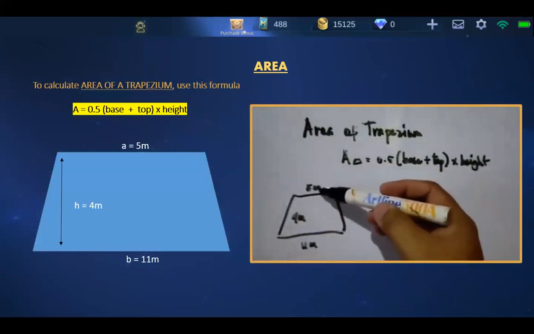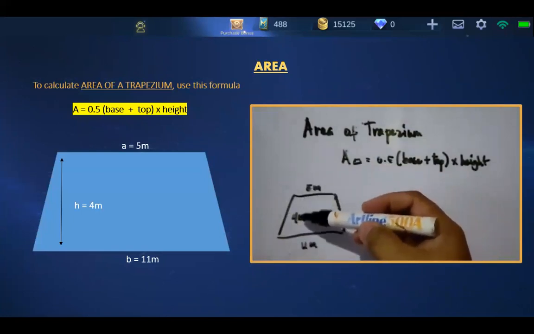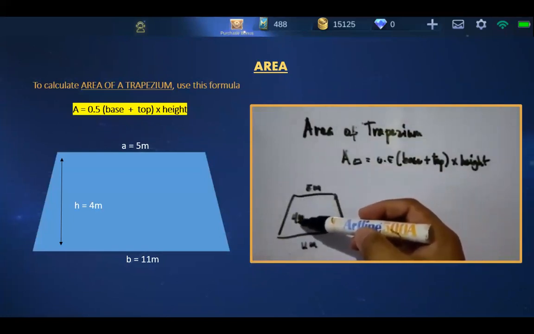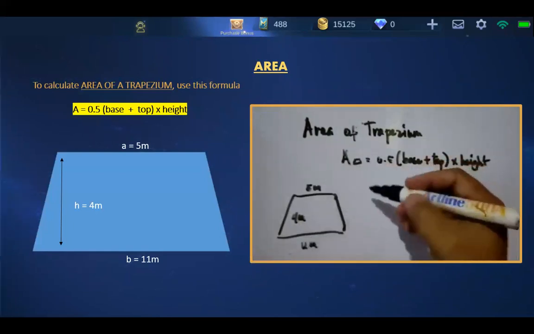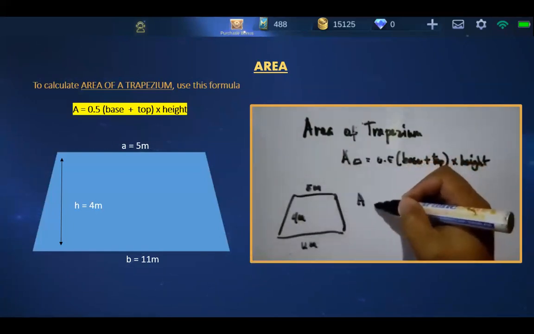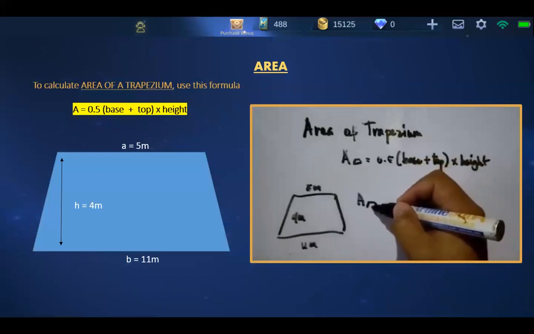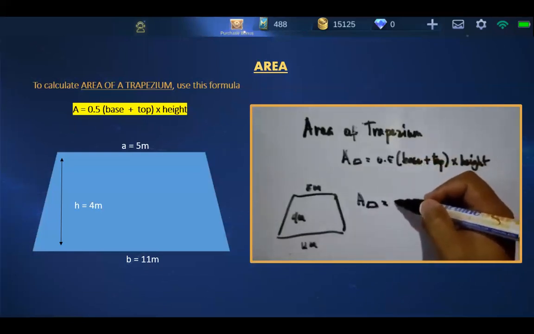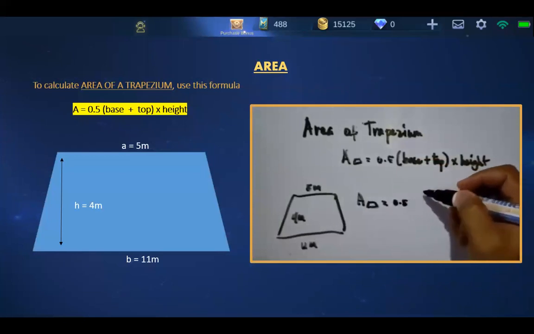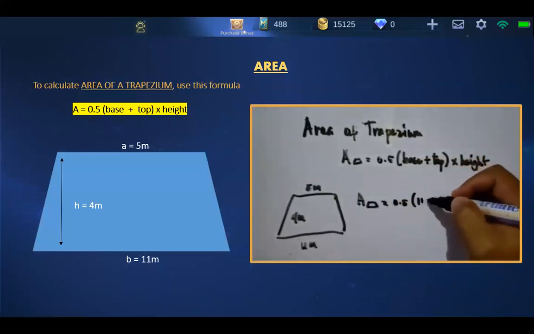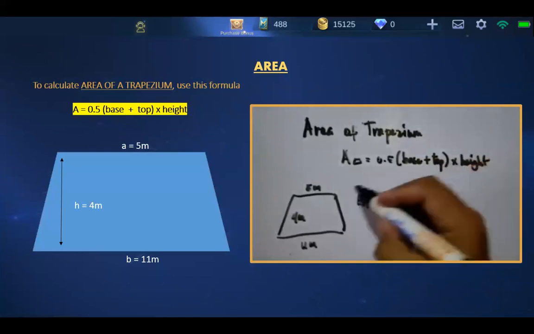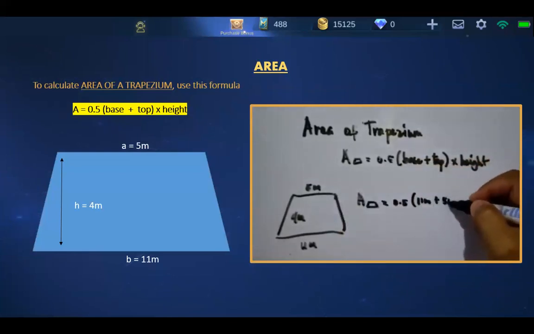The top is 5 meters, the height of the trapezoid is 4 meters, and the base is 11 meters. So we just follow the formula. Area of trapezoid is equal to 0.5, which is a constant, then base is 11 meters, plus our top is 5 meters, times our height is 4 meters.